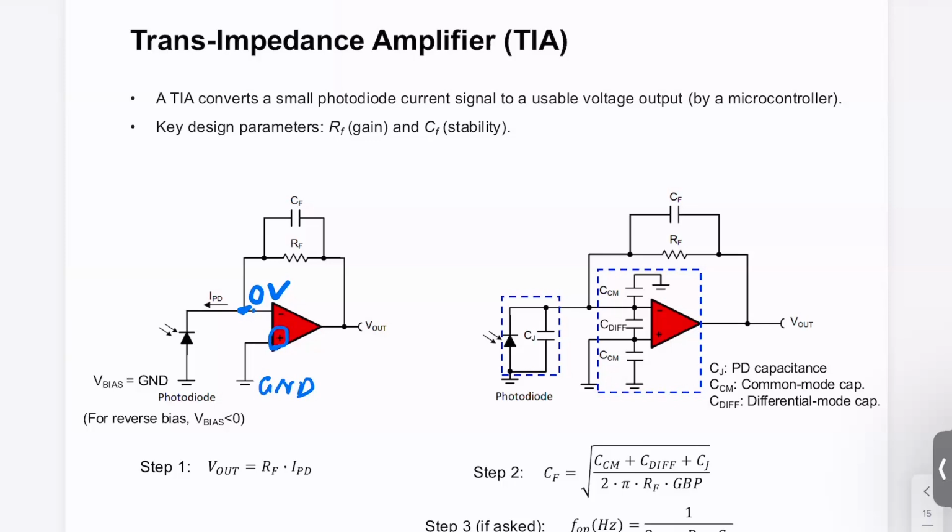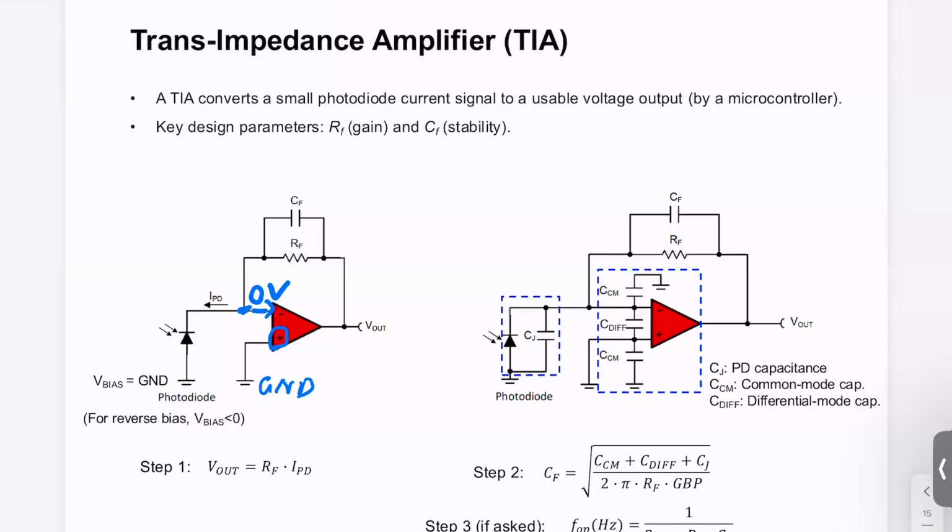Then what is the current into this terminal? 0. Why is it 0? It's 0 because the input impedance of an op-amp can be considered infinite.